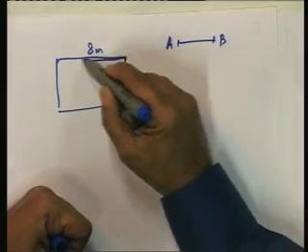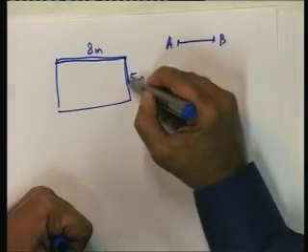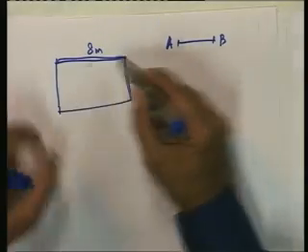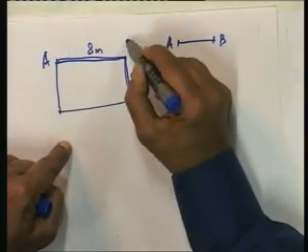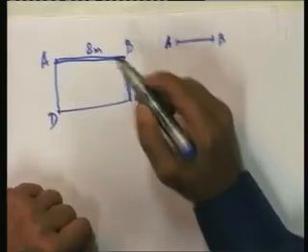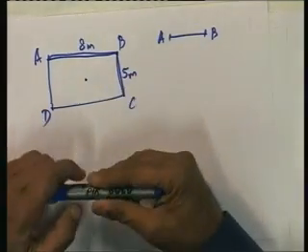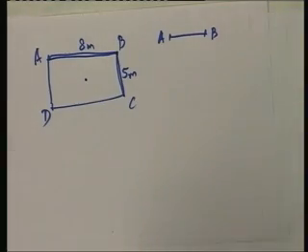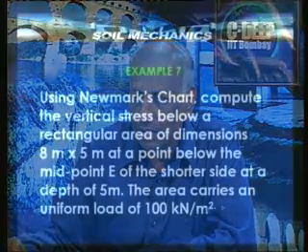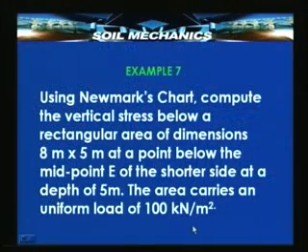Plot this 8 meters using this scale and also this dimension 5 meters using this scale, and then place this area ABCD in such a way that its center lies over the center of the influence coefficient chart. Then we just measure off the number of areas and get the influence factor. The influence factor multiplied by the load coming on the area, that is 100 kilonewton per meter square, will give you the stress at this point.